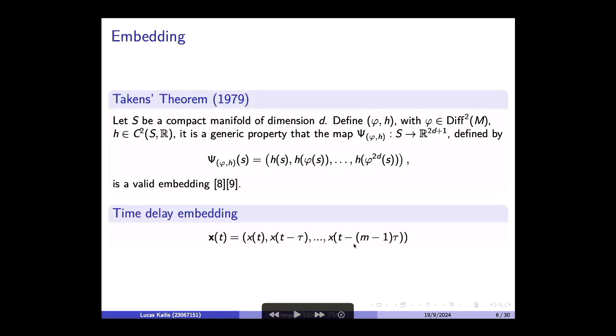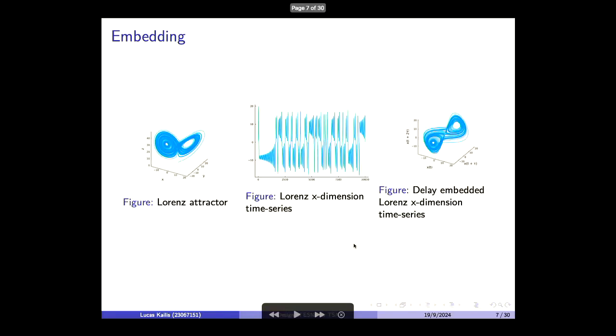That leads to time delay embedding, which is a common form of embedding, where each component of your embedded vector is delayed relative to time, with the dimension being at least 2 times the dimension of the manifold. The form of the embedding allows us to understand more about the dynamics of that original attractor system.